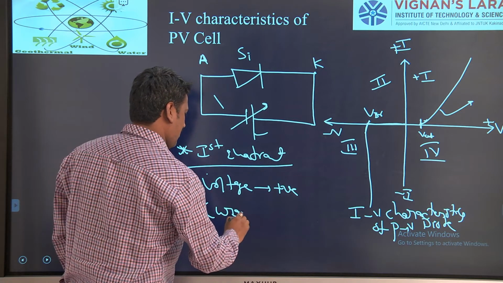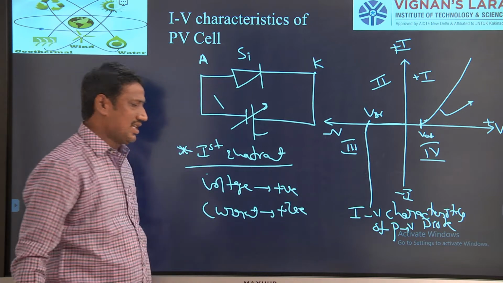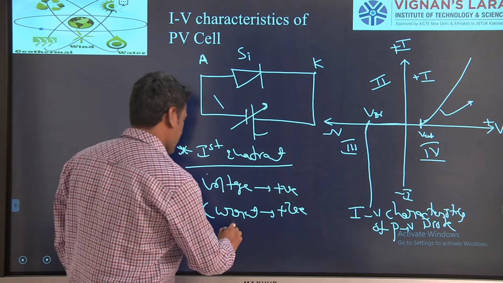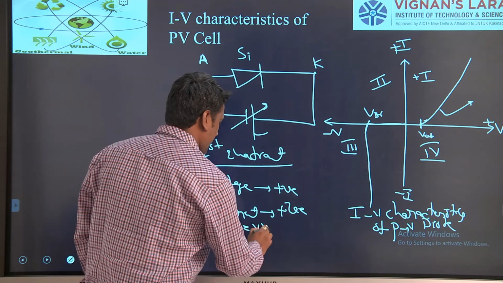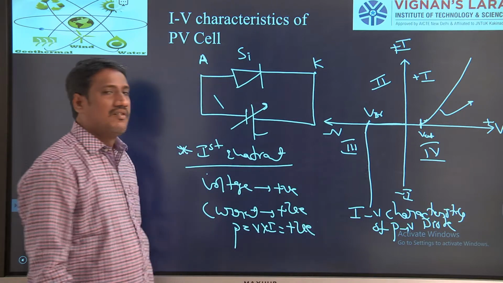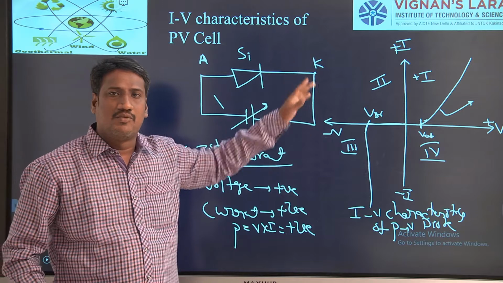Since voltage and current are positive, power will be positive, since power is voltage into current. Since the power is positive, the diode is a power consuming device.